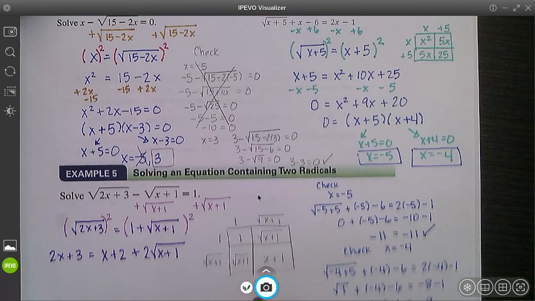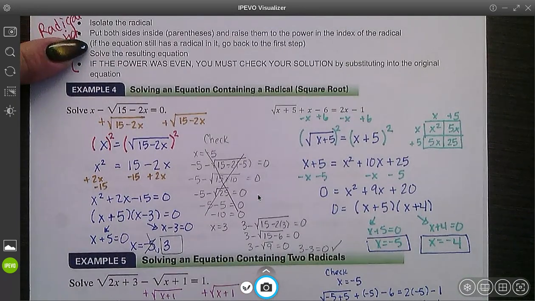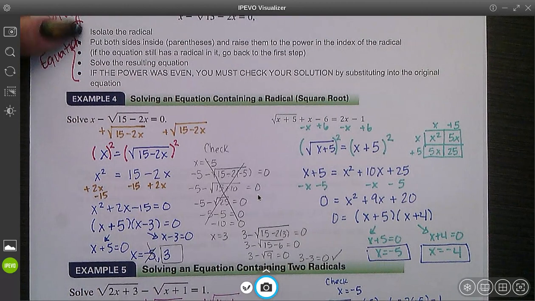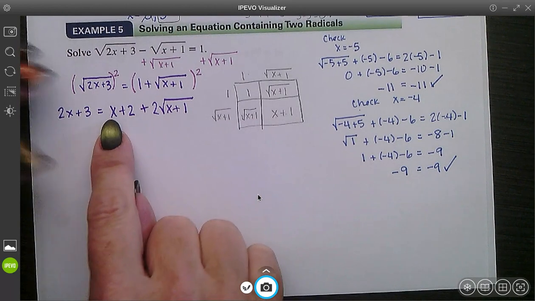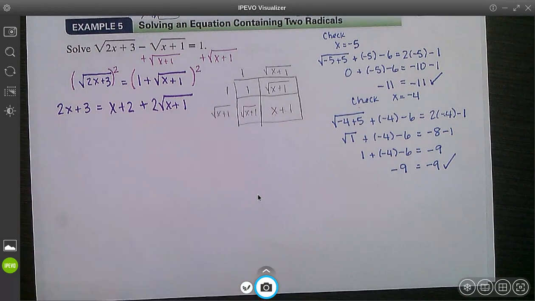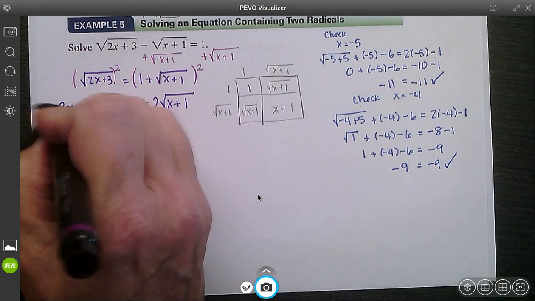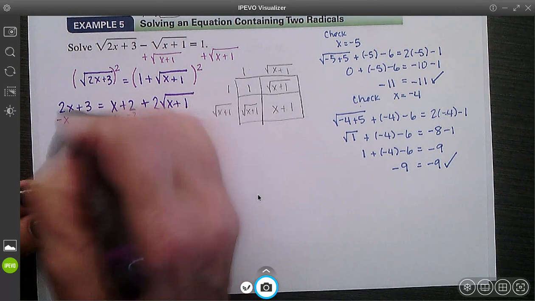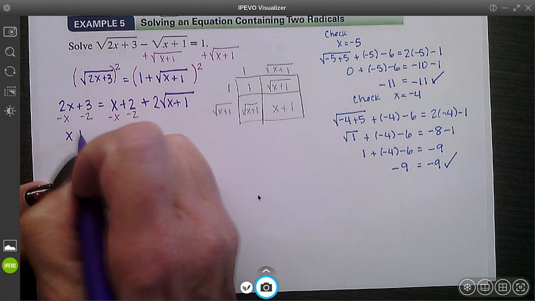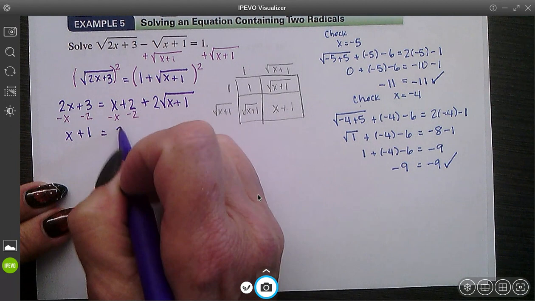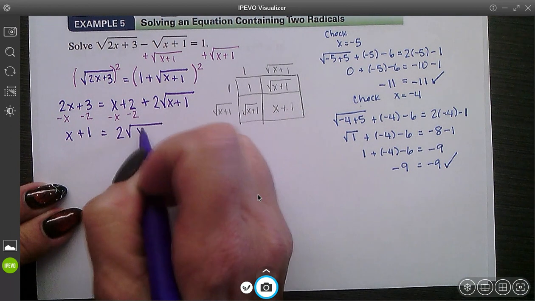If the equation still has a radical, you have to go back to the first step. So I'm going to isolate the radical. So I'm going to subtract the x over to this side and subtract the 2 over to this side, which is going to give me x plus 1 equals, then I have 2 square root of x plus 1.